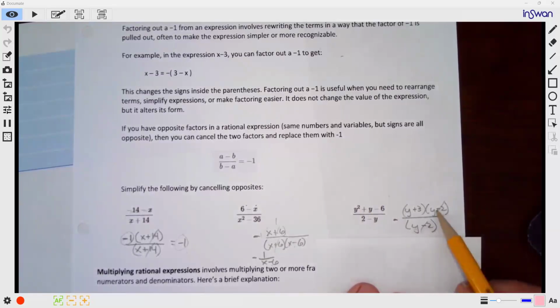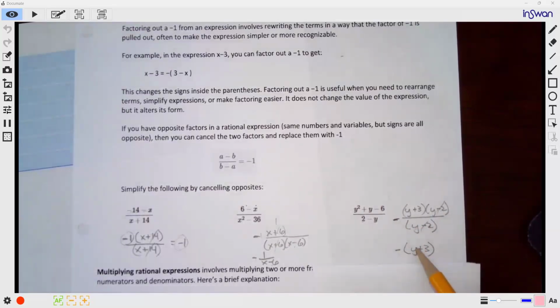Now they match. Now they can be canceled. But don't forget that you put that negative sign in front, you factored out a negative 1, and there would be your answer. Okay, so you're going to see lots of opposites. They're real easy. Just cancel, but make sure that you put a negative sign in front or change the sign in front.